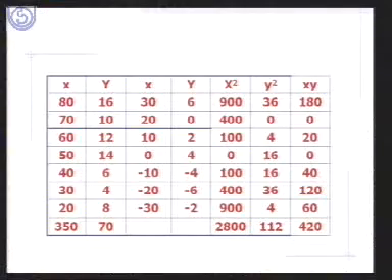Second thing, as I said, the value of r can be from +1 to -1. In no case can it be more than 1. So, +1 reflects a perfect positive relationship, and -1 reflects a perfect negative relationship. Between +1 and -1, including 0, there may be any value of the coefficient of correlation. If it is less than 1 and more than 0, it means the relationship is imperfect.